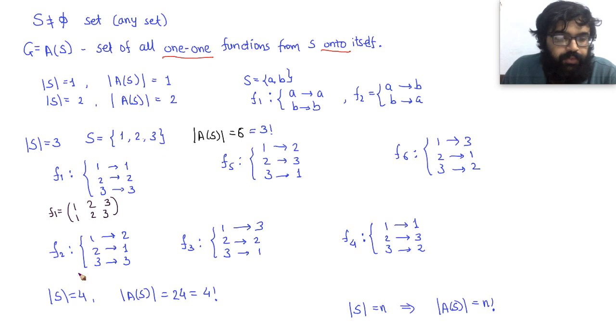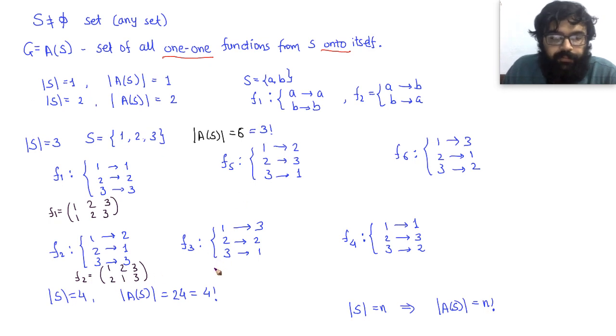Right? Similarly, f2 is what? 1, 2, 3, and then 2, 1, 3. So f2 of 1 is 2, f2 of 2 is 1, f2 of 3 is 3. So 1, 2, 3 goes to 2, 1, 3.